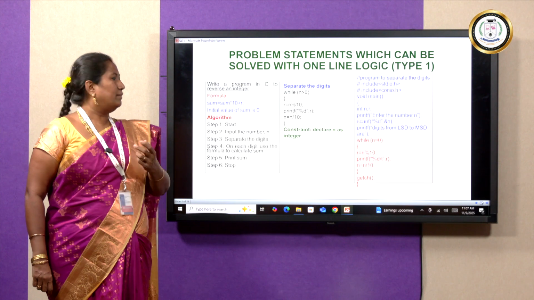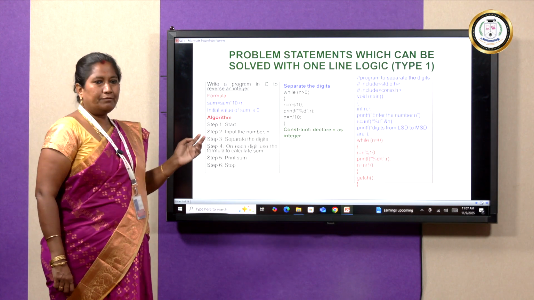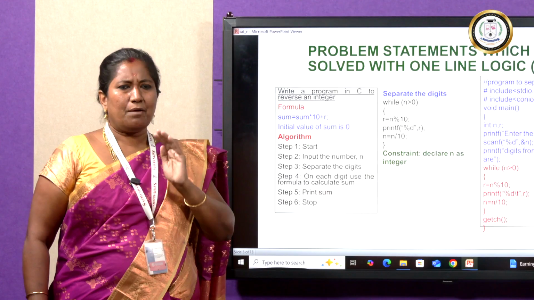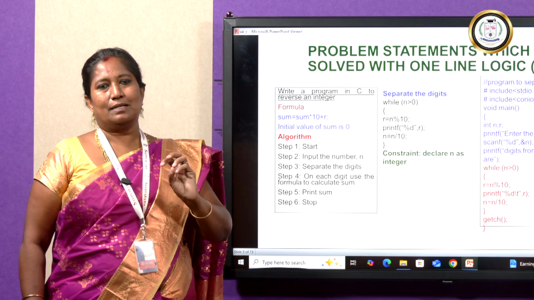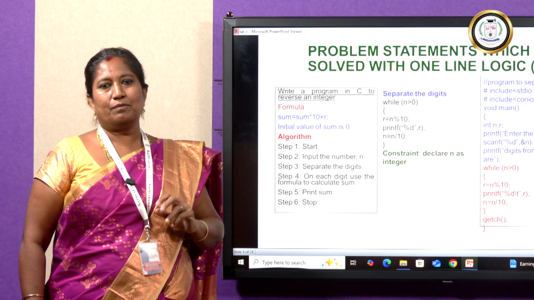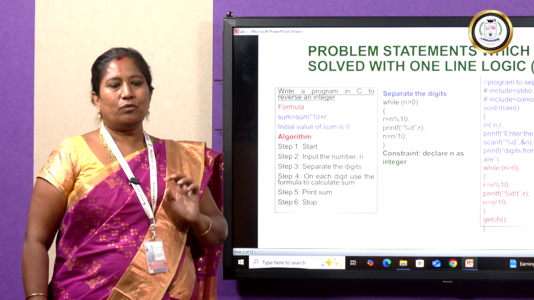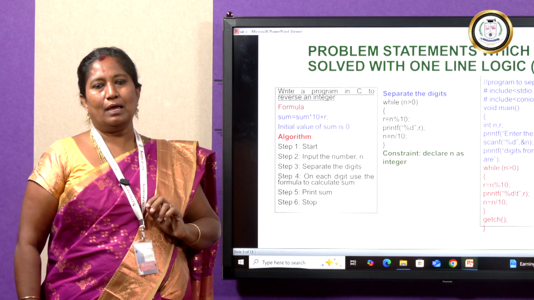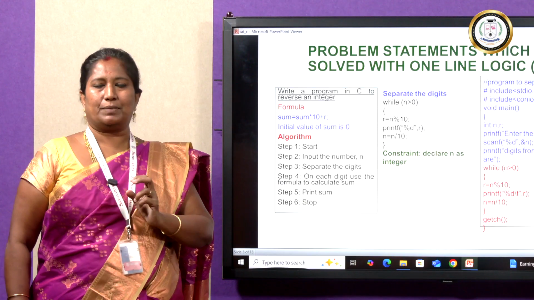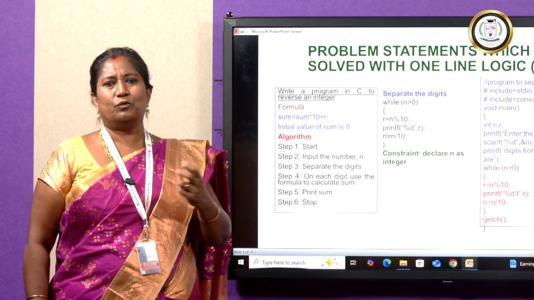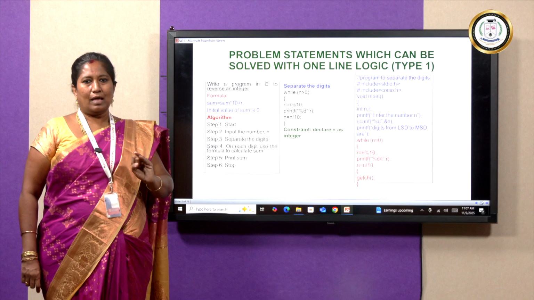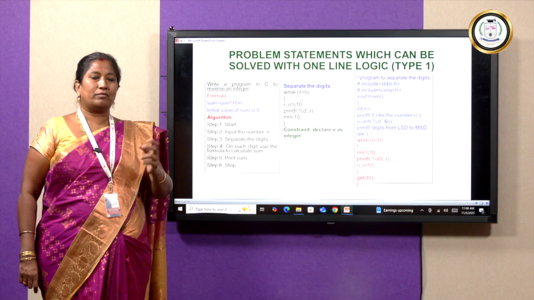So what we have to do? We have to print it. So I have written printf %d, R. Here I want to say something. For every language, we have a syntax. In C programming, for inputting, we usually use the scanf statement. For printing, we use the printf statement. So before writing a program in C, you have to first find out the syntax for these basic statements. You have to know scanf, printf, and all the iterative or looping statements.